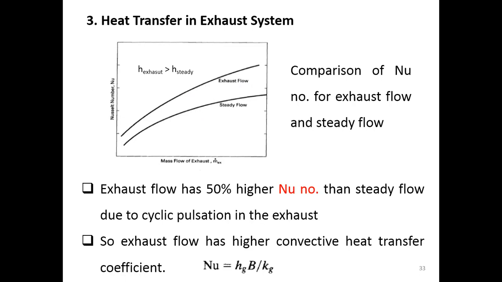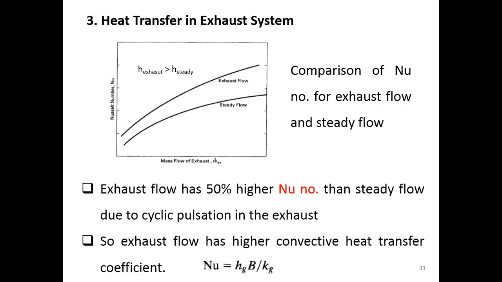So here they show you two lines. When you look at this graph, if you analyze the heat transfer in the actual exhaust flow, the Nusselt number is 50% higher than the steady flow. The steady flow is in and out, in and out.